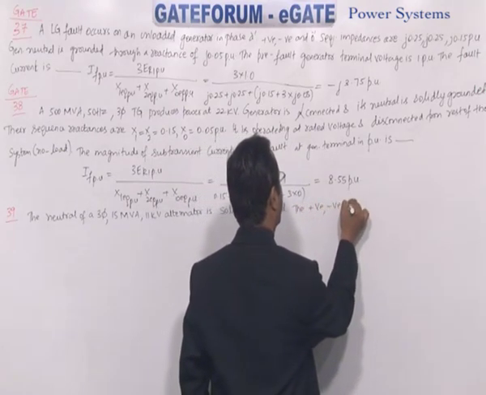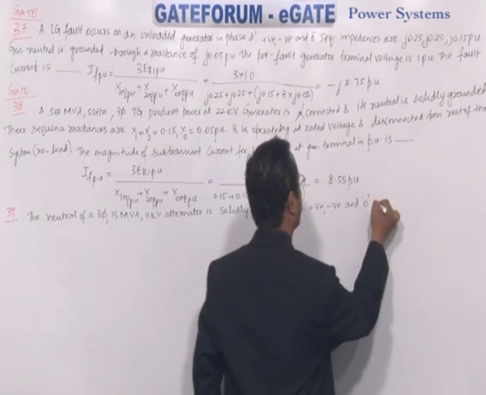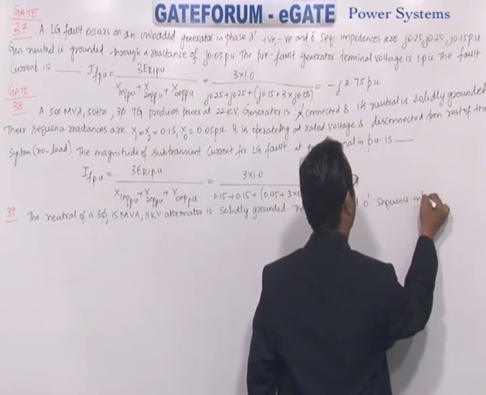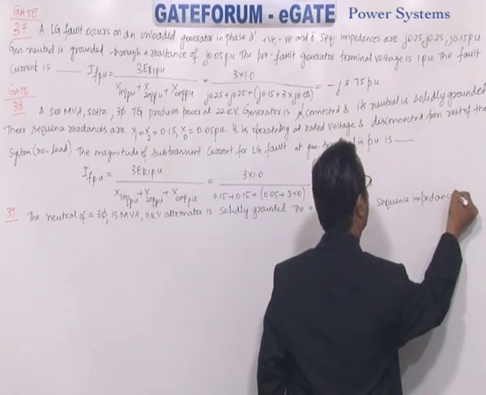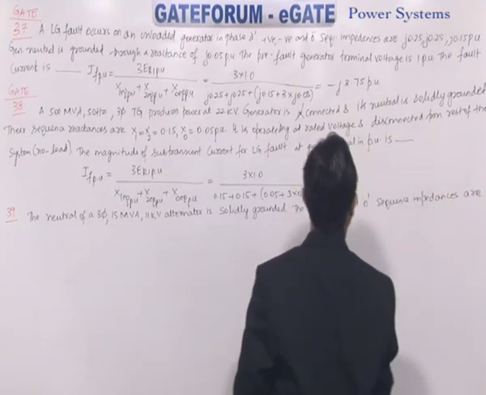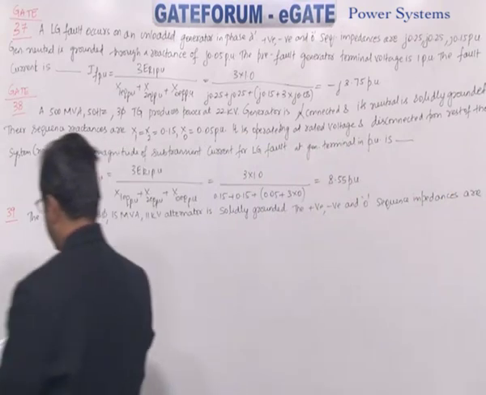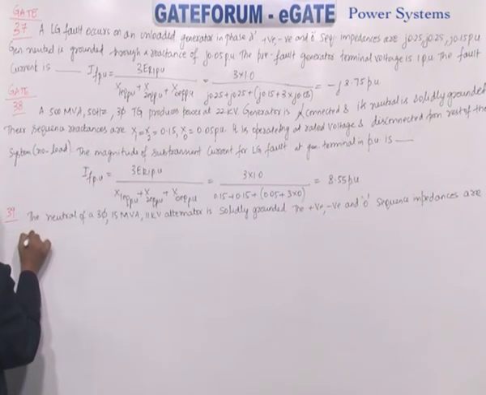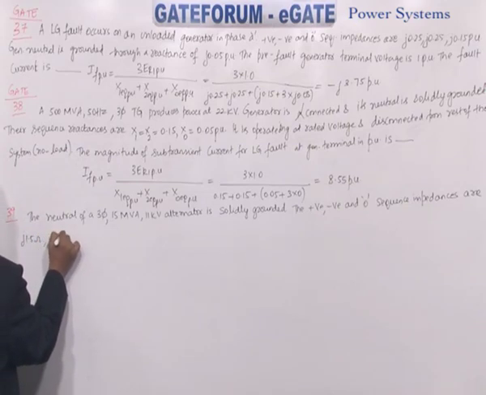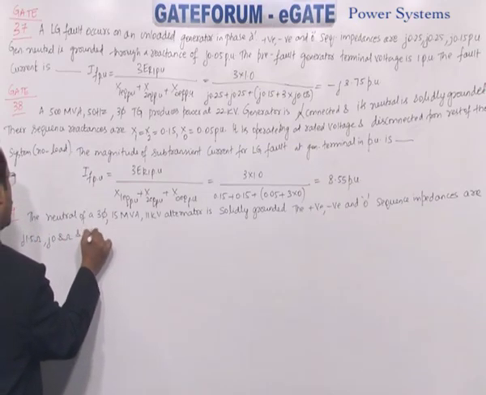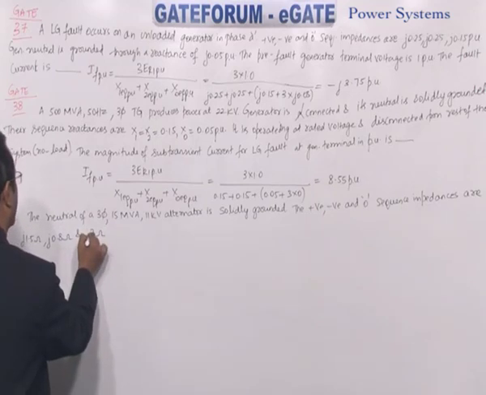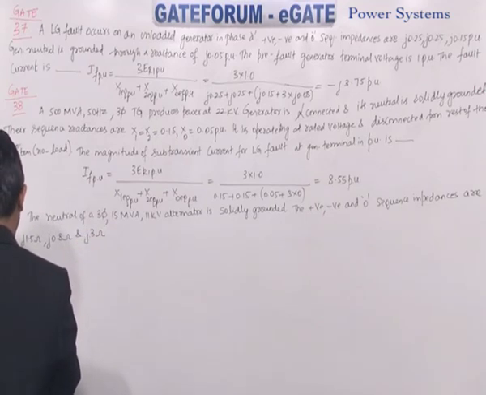The positive, negative and zero sequence impedances are j1.5, j0.8 and j0.3 ohms respectively.